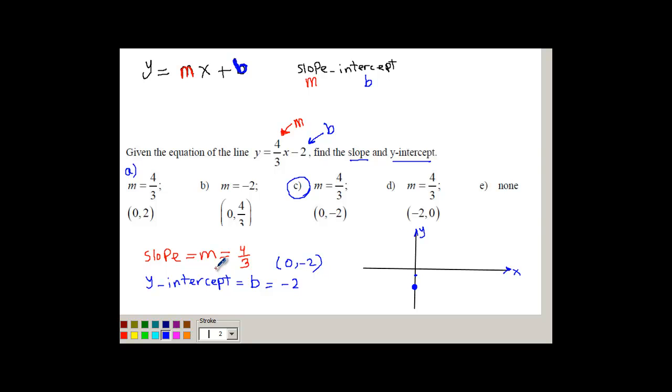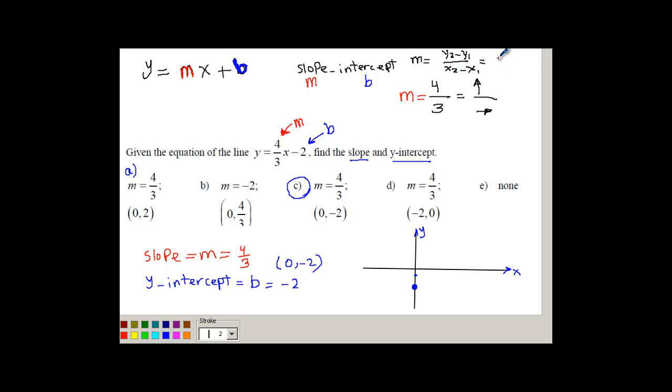how can I find another point on the line so I can actually graph this? Victor, do you know? Yeah, you move up 4 units and then move to the right 3 units. I think that's how you say it. No, you're absolutely correct. Very good. So slope is rise over run. Remember the formula for slope is y2 minus y1 over x2 minus x1.